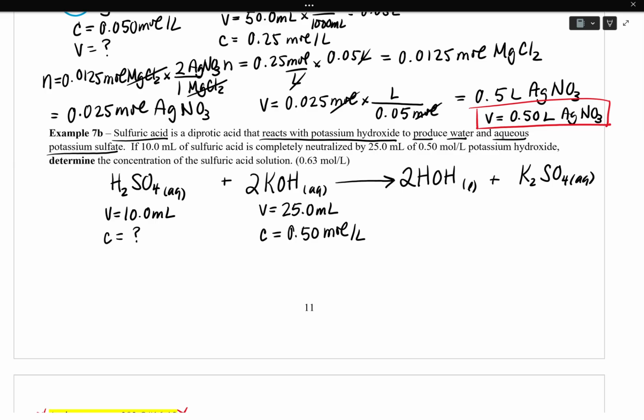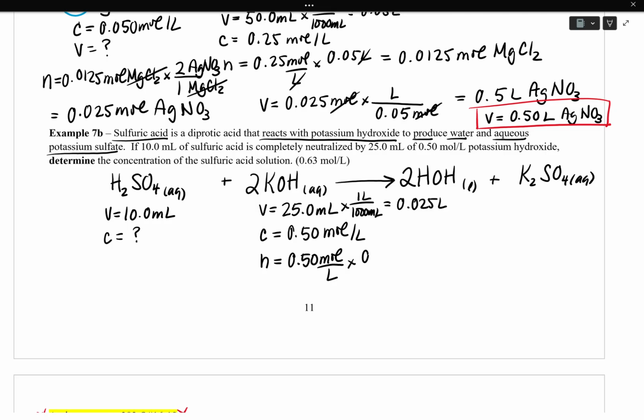So let's start. How many moles of potassium hydroxide do we have? So number of moles, take our concentration, 0.50 moles per liter. We've got to convert our volumes to liters. So we're going to divide those mL by 1,000, 0.025 liters.